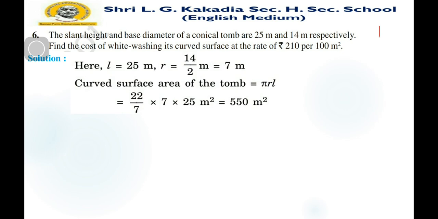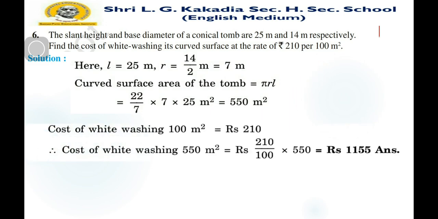So the cost of whitewashing the curved surface area at the rate of rupees 210 per 100 meter square, and the total surface area given is 550 meter square. So the cost of whitewashing 100 meter square is rupees 210. So the cost of whitewashing 550 meter square is rupees 210 divided by 100 into 550, which is equal to rupees 1155, which is the answer.